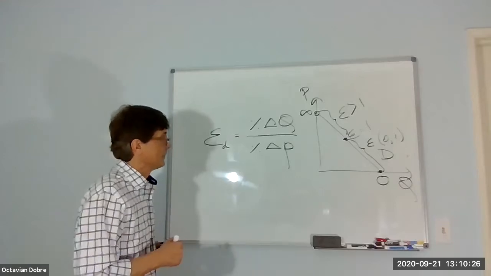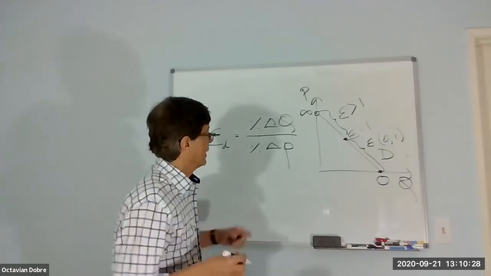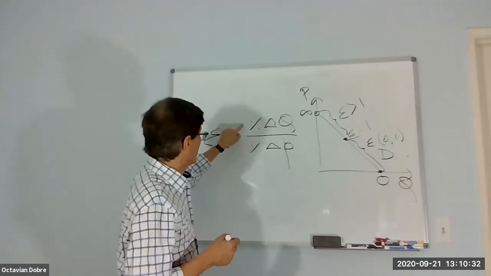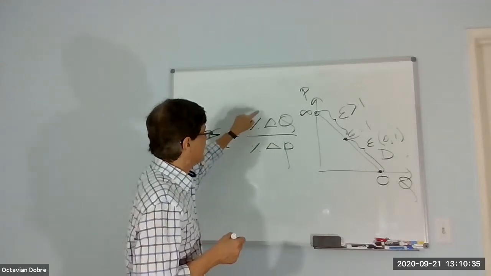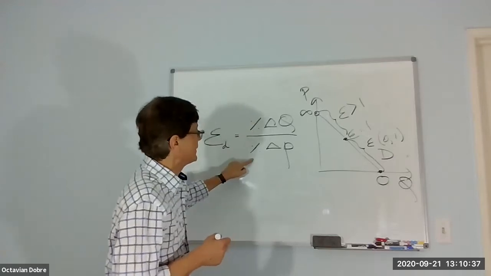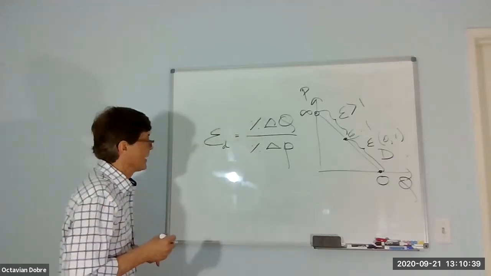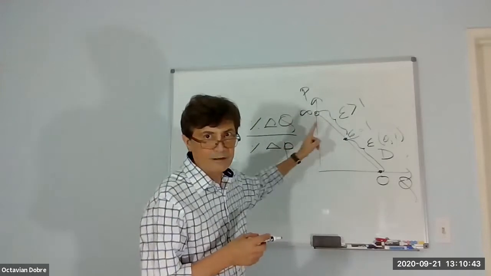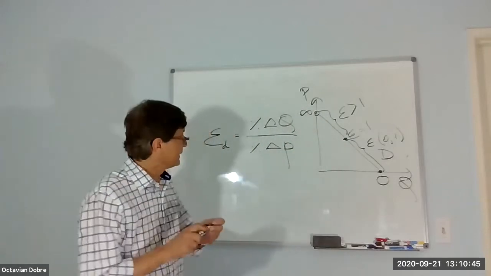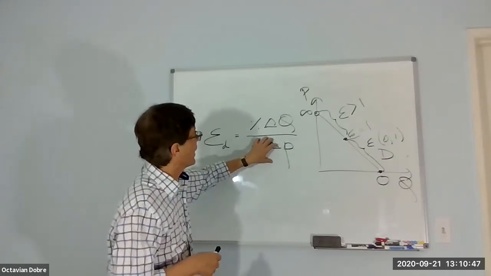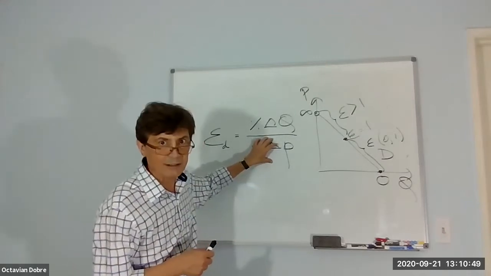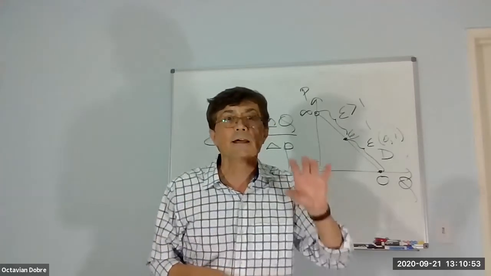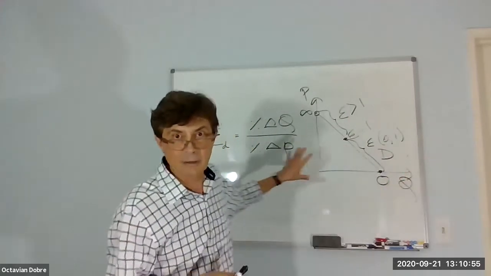Well, what does it mean? Here is what it means. Remember, the formula is that elasticity is equal to percentage change in quantity given a percentage change in price. Well, if the elasticity is greater than 1, that means that whatever the percentage change in price here, the value for the percentage change in quantity is going to be more than the percentage change in price.